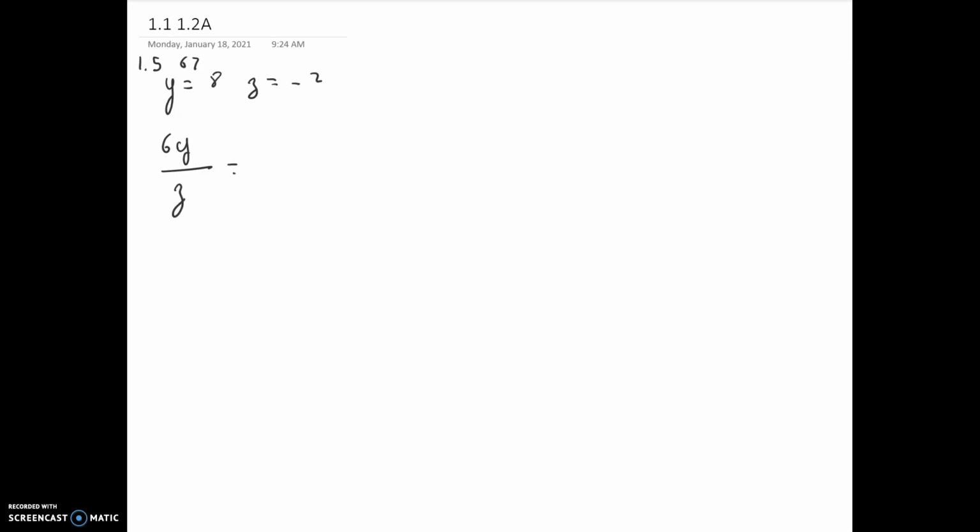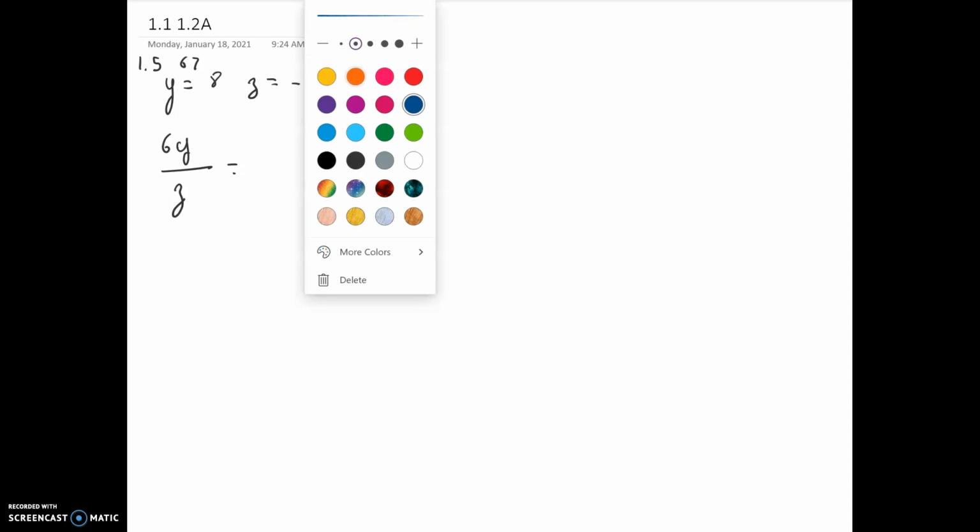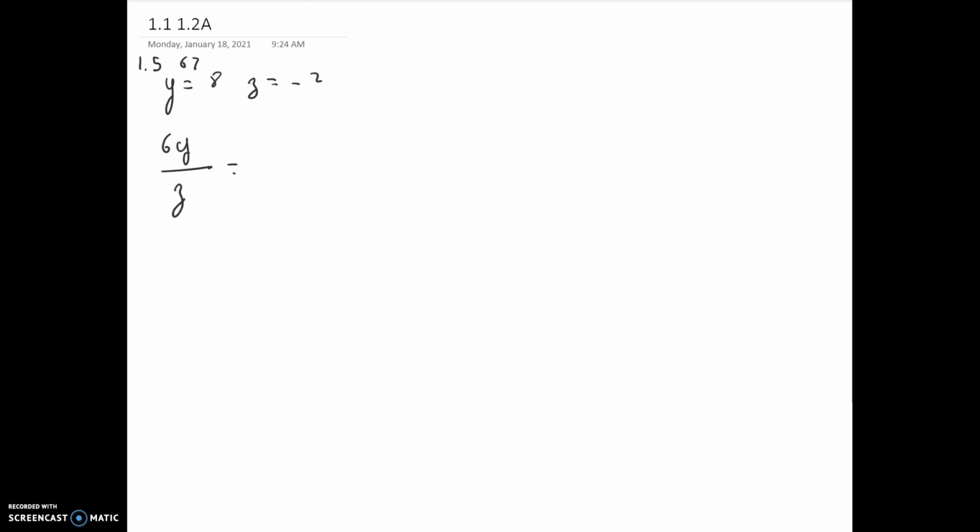So if you're substituting the value of z and y, it's going to be 6 multiplied by 8 divided by (-2). Every time you're dealing with a negative number, please use your parentheses. That gives you 48 over -2, which is -48 over 2, which is -24.